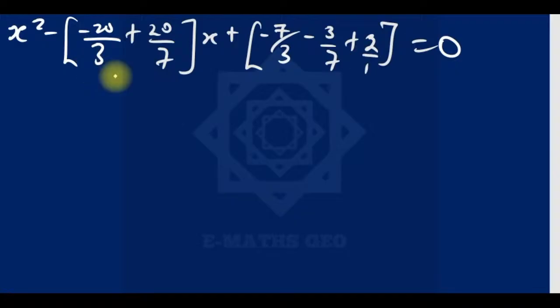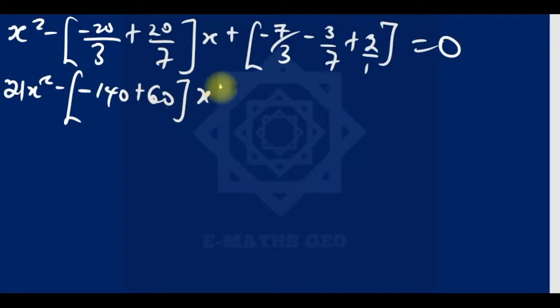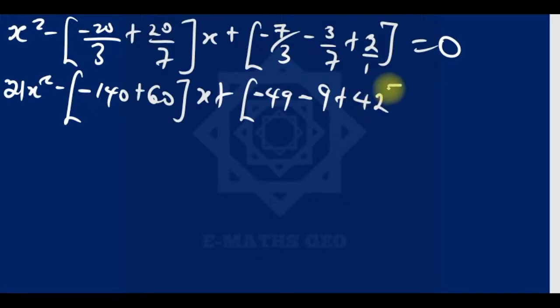If you multiply each by the LCM of 3 and 7, which is 21, we have 21x squared minus 21 times that is minus 140, 21 times that is plus 60x, plus 21 times that is minus 49, 21 times that is minus 9, 21 times that is 42. So I did it to clear the fractions.